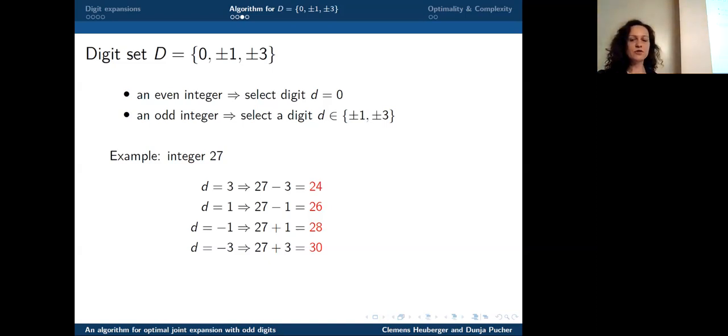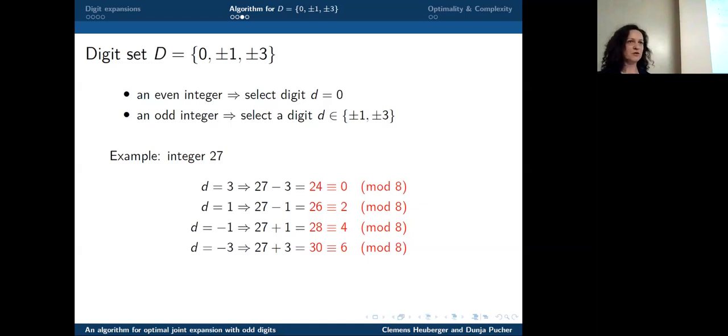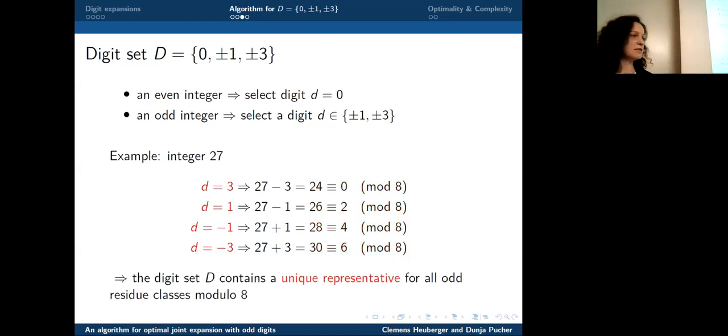And of any 4 consecutive even numbers, one of them will surely be congruent 0 modulo 8, one will be congruent 2 modulo 8, one will be congruent 4 modulo 8, and one will be congruent 6 modulo 8. Or we can also reformulate this statement. We can say that our digit set contains a unique representative for all odd residue classes modulo 8.